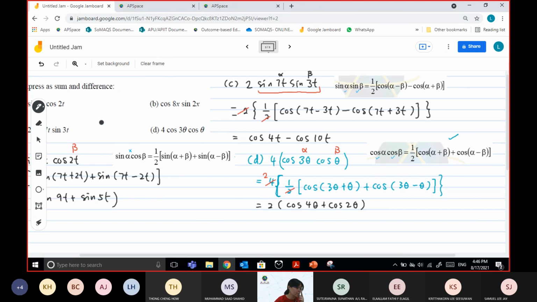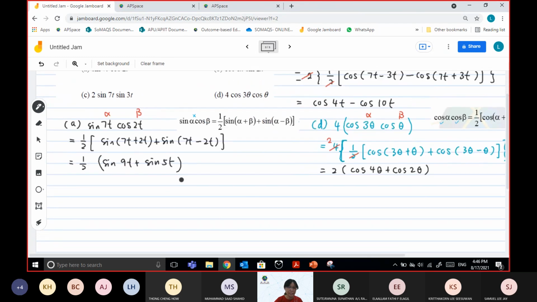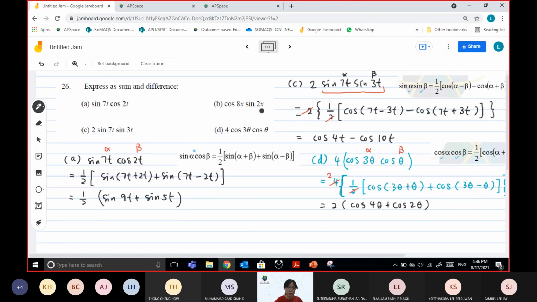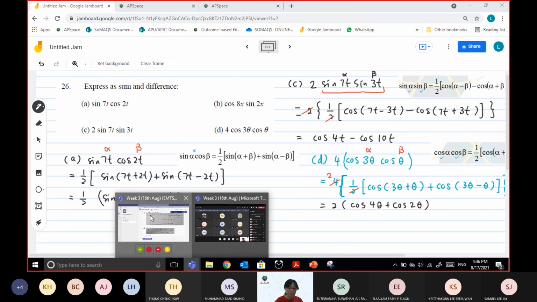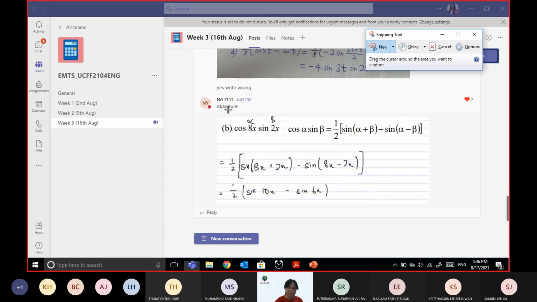Then next is the solution from Ziyi for question B. This is the answer for D, so now is for B. We should put the formula also, right?